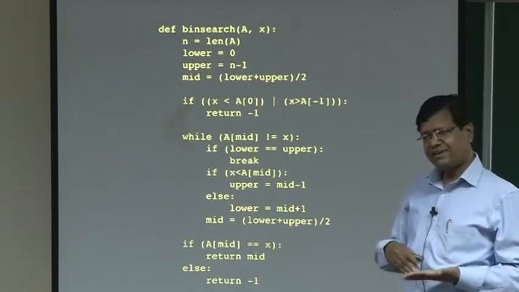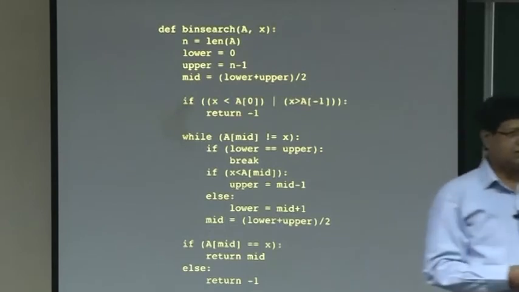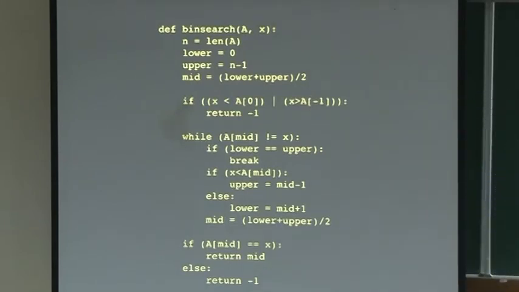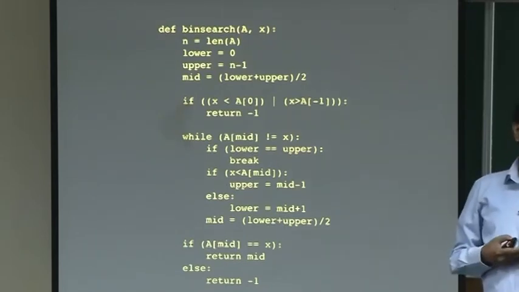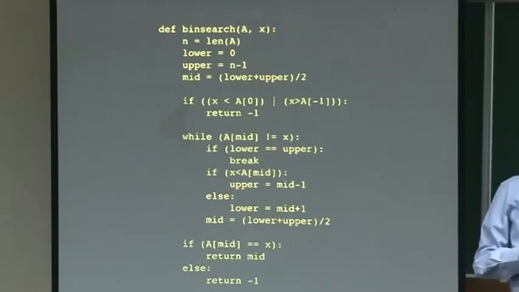Either choose left or right, keeps going down. I would say put some print in this code and see the range, how long. I am saying it is log n. So you can convince yourself that it is indeed log n. Alright. So it is a good idea to print and check.